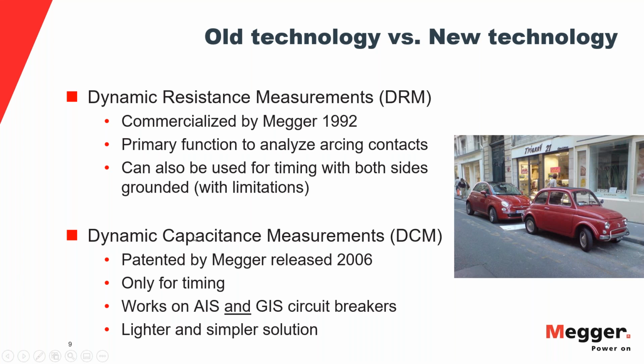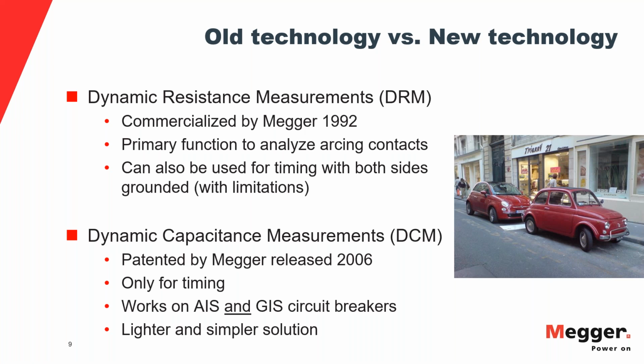The dynamic capacitance measurement, or the DCM, is something that we invented later, and it's only for timing and dedicated for that, and it's much more accurate. That's where we released this method of testing with both sides grounded, or dual ground as we call it.